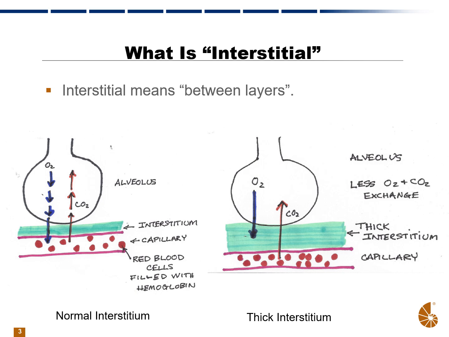Now, if you look at the picture on the right, if that interstitium becomes thickened, in other words, the green material becomes thick, it's more difficult for the oxygen and the carbon dioxide to pass back and forth because there's more thickness to go through. So you can see how a thick interstitium can prevent the exchange of gases. That's the idea I was trying to convey with this slide.